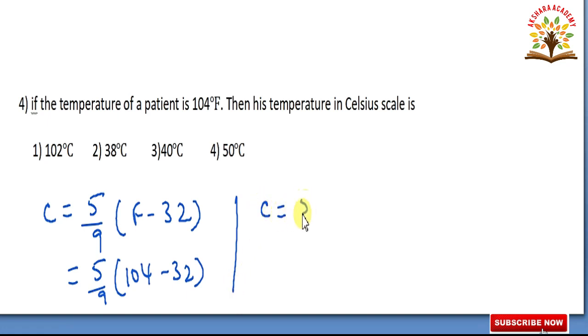C is equal to 5 by 9 into 72. 9 ones are 9, 9 eights are 72. C is equal to 5 times 8, which is 40. So if the temperature of the patient is 104 degrees Fahrenheit, then his temperature in Celsius scale is 40 degrees centigrade. Which option is correct? The third option is correct.